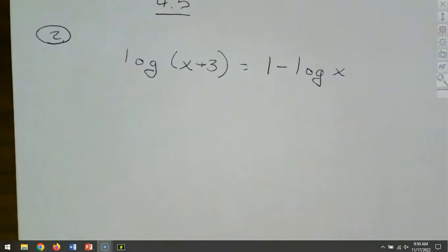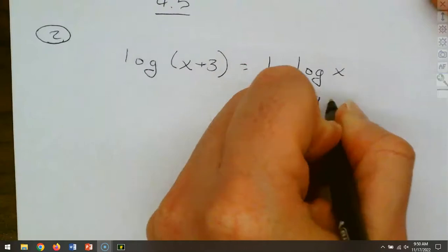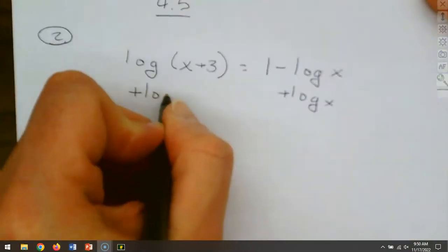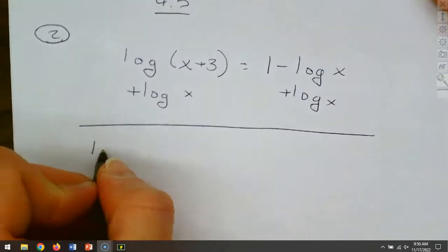When I see this, I want to try to get all the logarithms together in one log, because once we get them together, then I can use a power of 10 to get rid of the logarithm and solve the resulting equation. So the first thing I'm going to do is add that log of x over, that way they're together on the left-hand side.